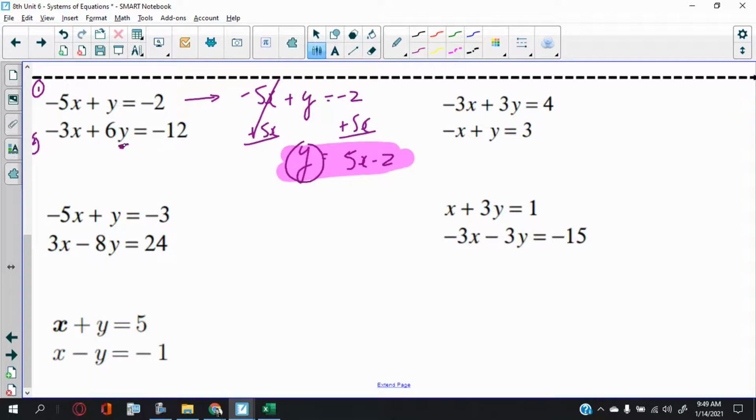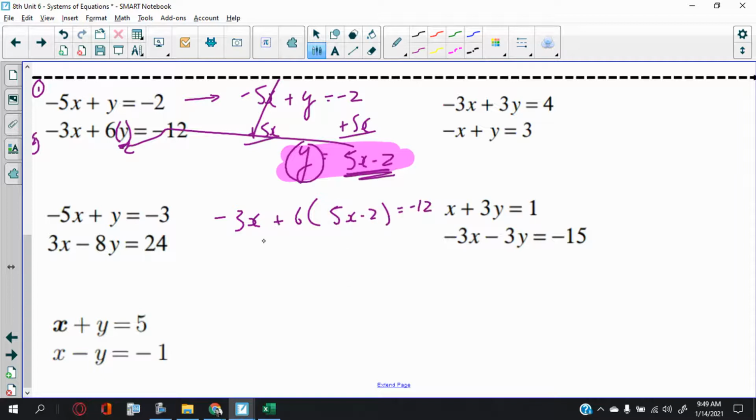I'm going to substitute it into this one here. This is just an act of literal equations and substitution. So I got negative 3x plus 6 times, instead of y, I put 5x minus 2 in there. I substitute, so that equals negative 12.